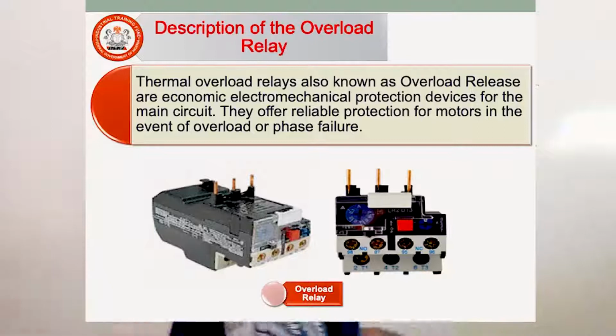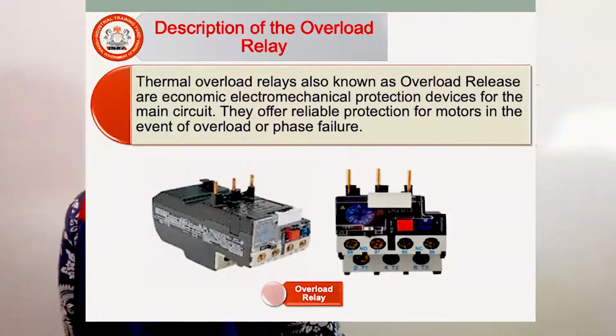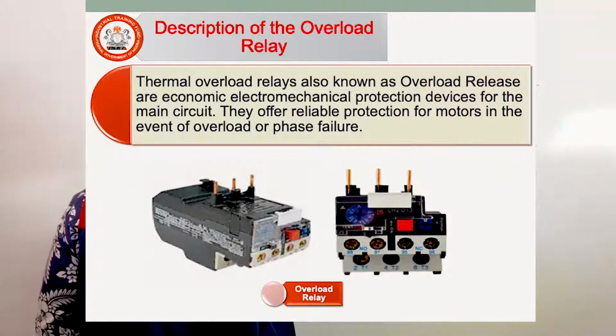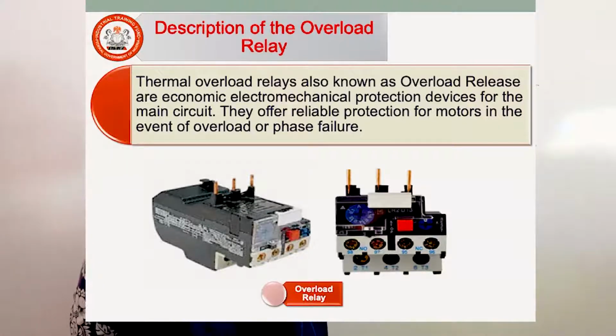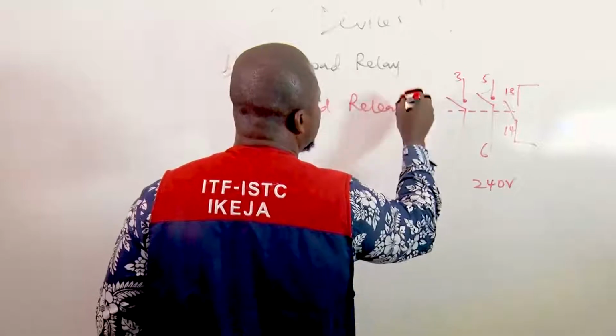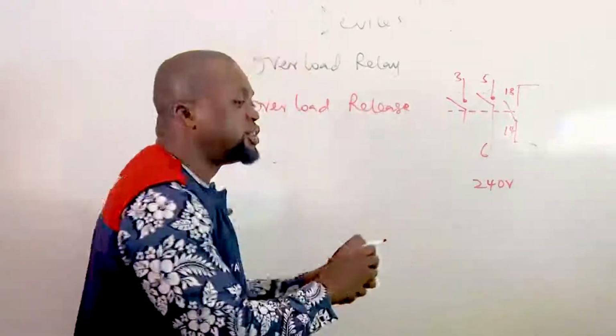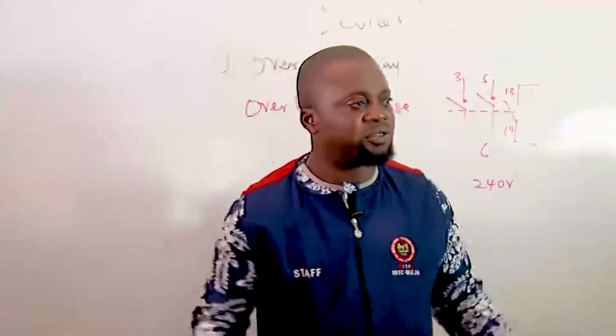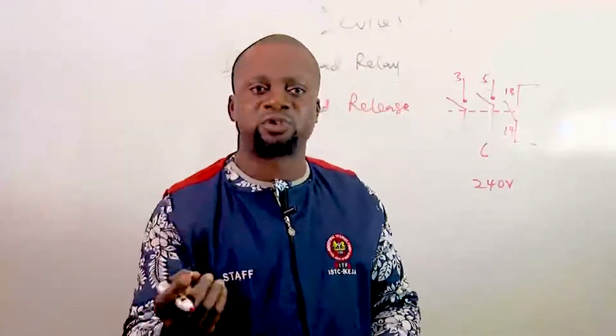What do we mean by the word overload release? Because it releases, it isolates that part of the component. It doesn't allow a fault to pass through.